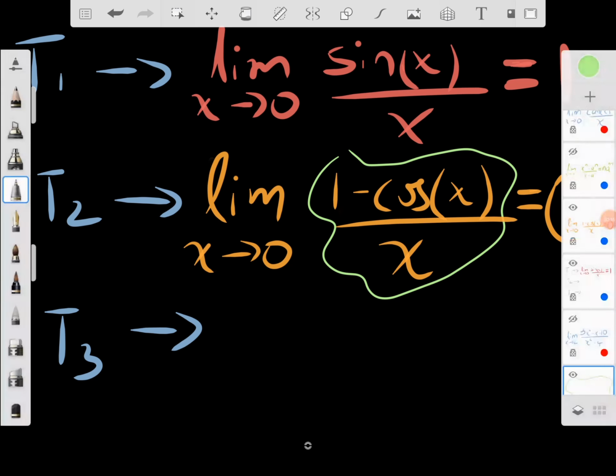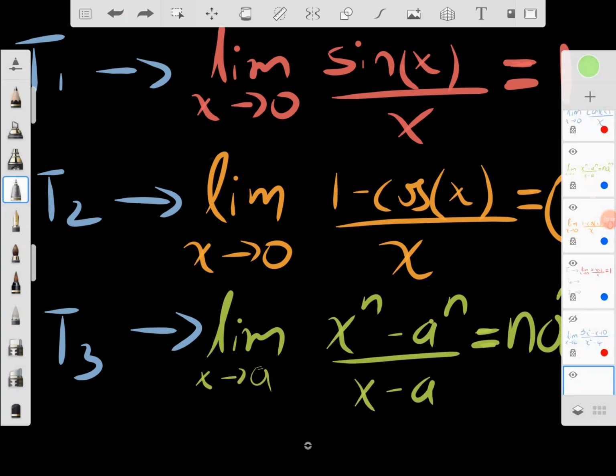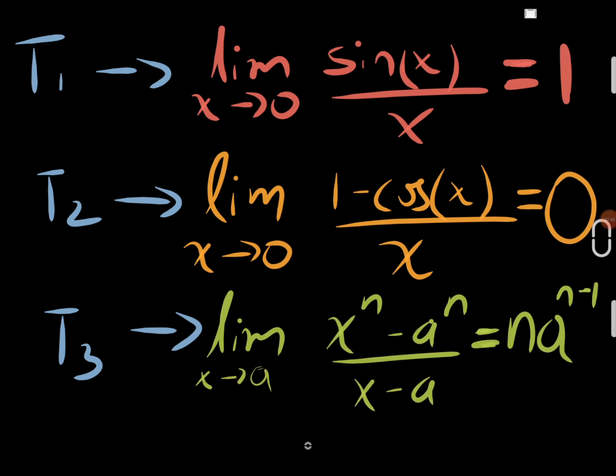And the third theorem is: limit x tends to a. Now this n could be any integer, it could be any number, any real number. And a is some constant which we do not know right now, it could be anything.